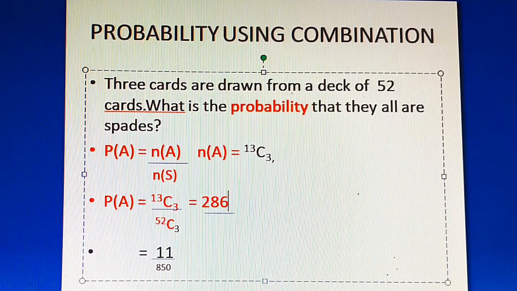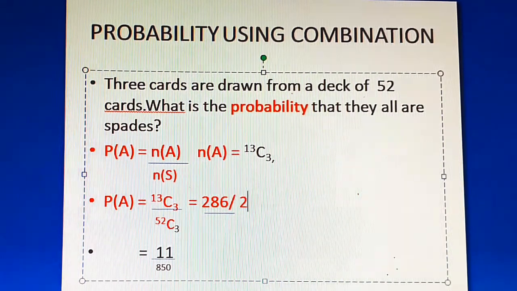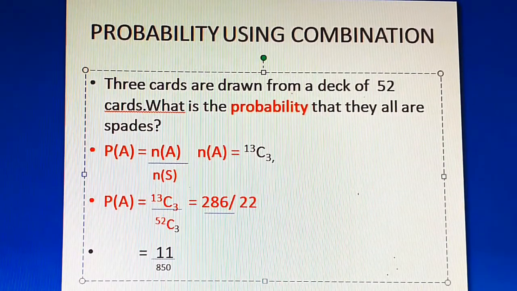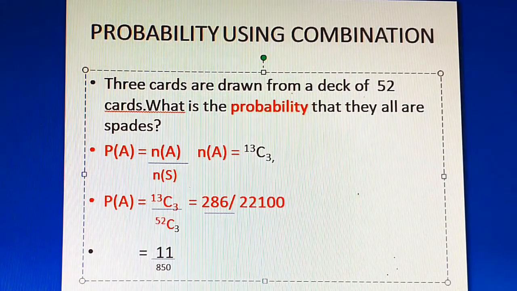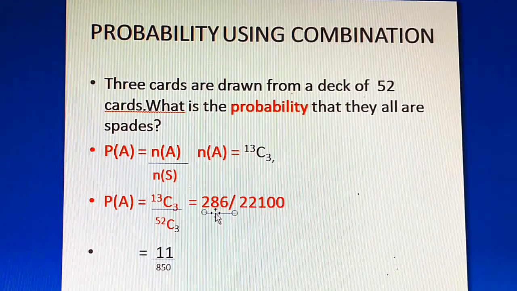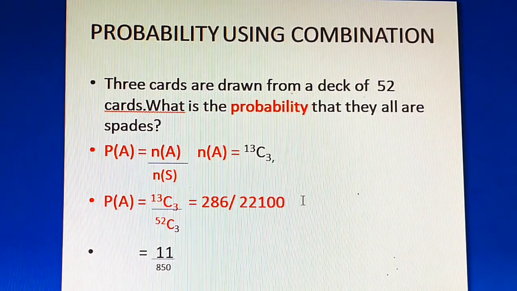Divided by 22,100. Okay. So both are divisible by 2. Right, friends? So when you divide by 2, you will get one answer. Again it has to be further divided. You will be getting 11 divided by 850.